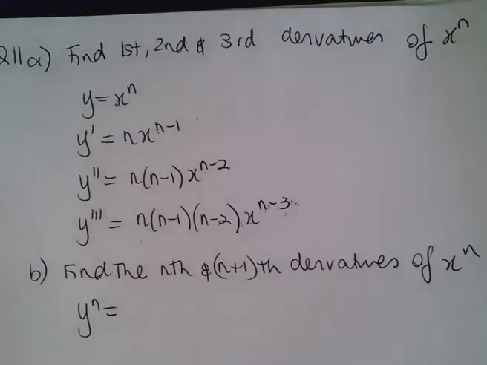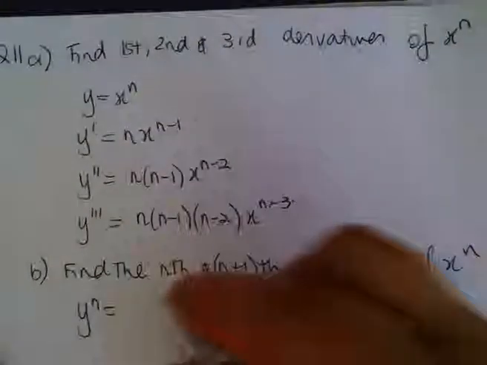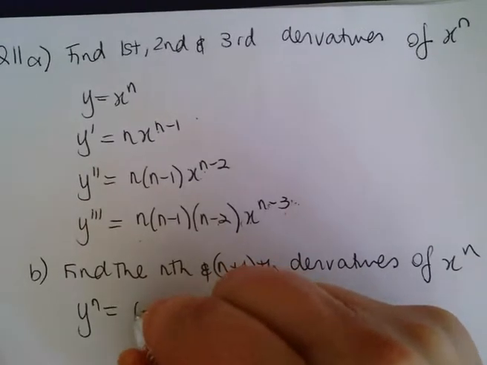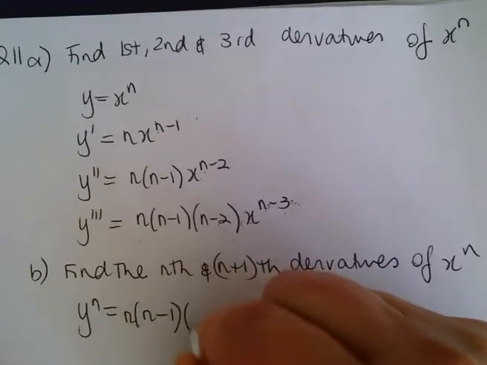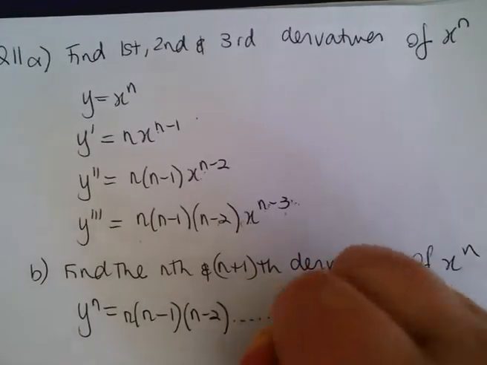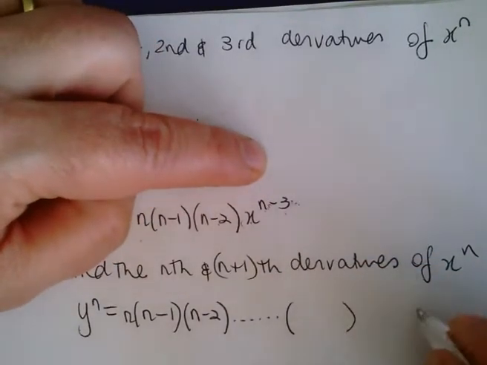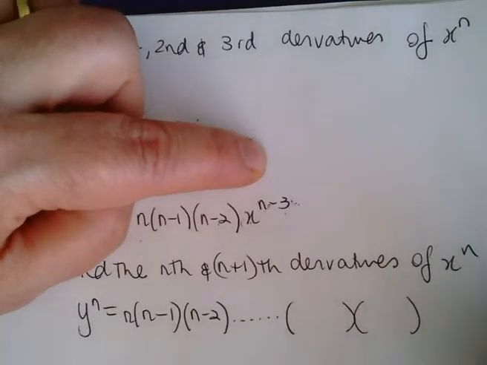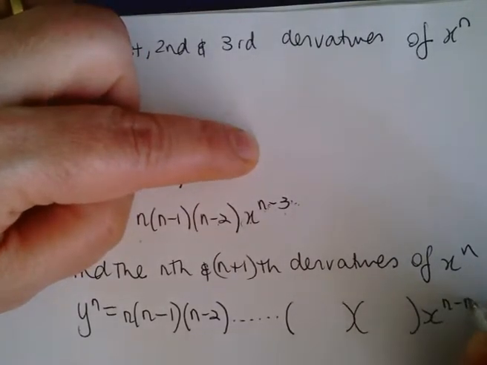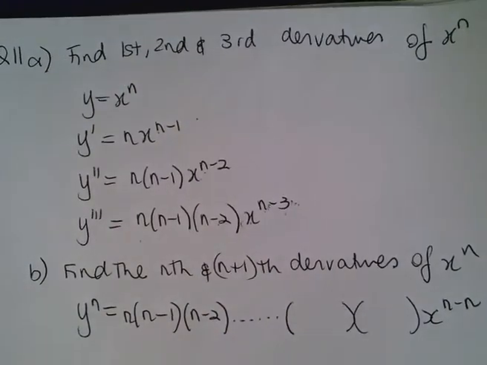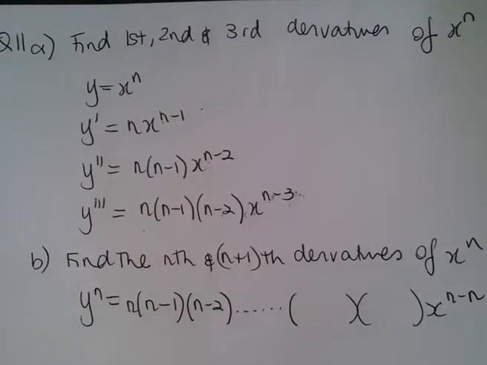The nth derivative will be n minus n. So it should be n times n minus 1 times n minus 2 dot dot dot. The last one will be n minus n, right? Has to be, which is 0, which is 1.